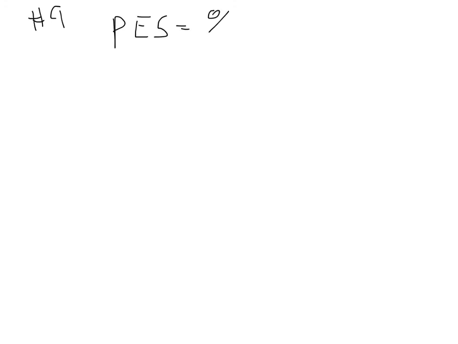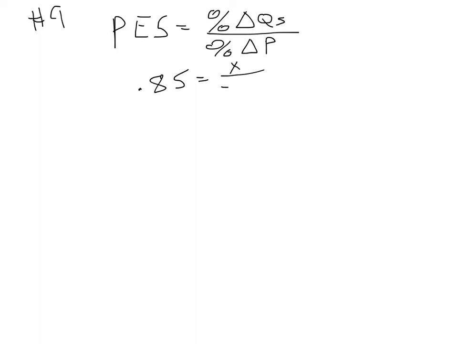That is the percent change in quantity supplied divided by the percent change in price. Okay. Here we know that the PES is 0.85. We don't know what the percent change in quantity supplied is, but we know that price decreases by 20%.